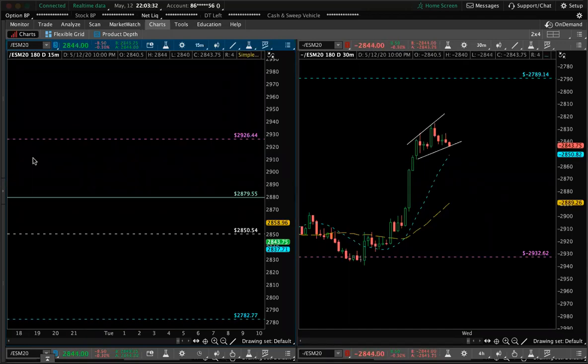Everything I'm going to show you tonight plays a part in picking lottos as well. 14 and 30 has a big part. He said 199 should be support.